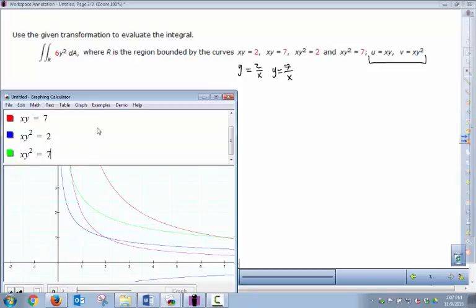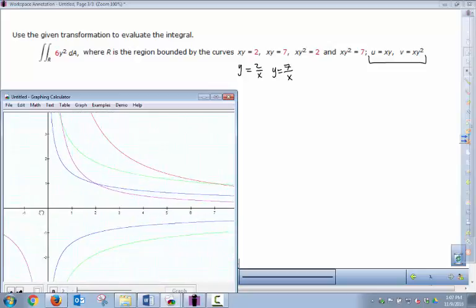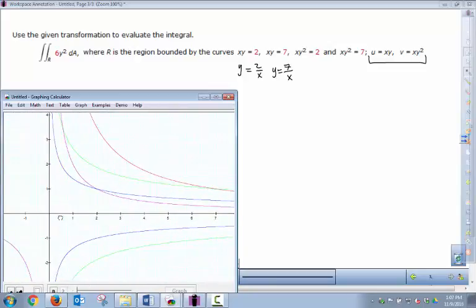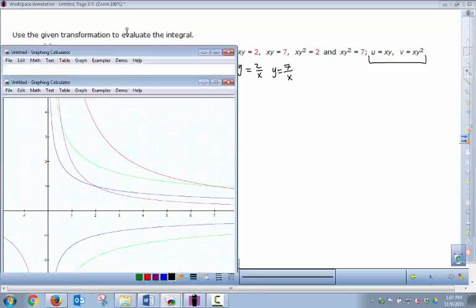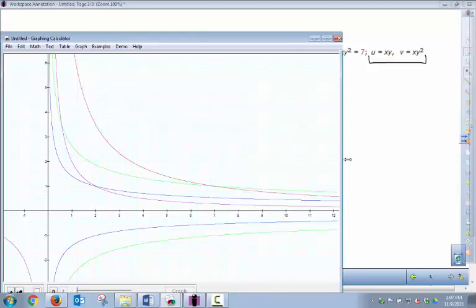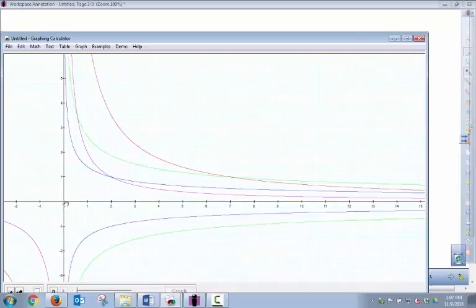It's kind of confusing when you see all those graphs at the same time, but what you have to do is try to imagine where the intersections are going to be and what the region might end up looking like.